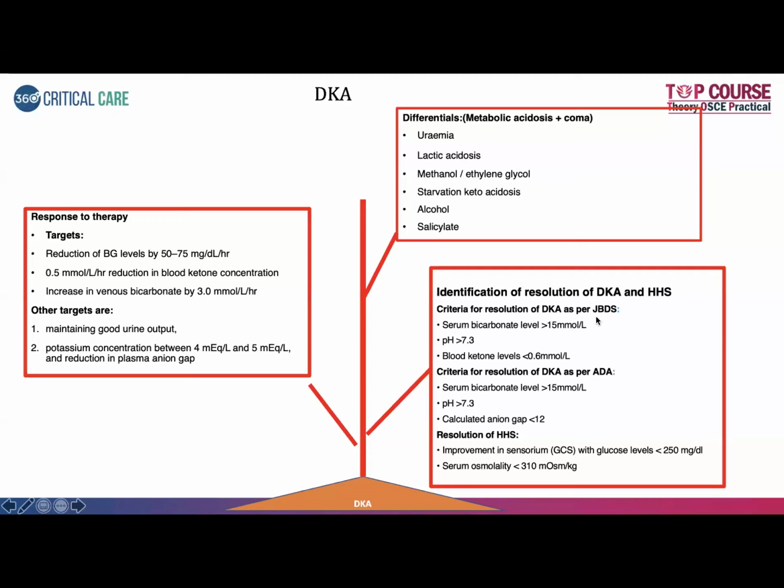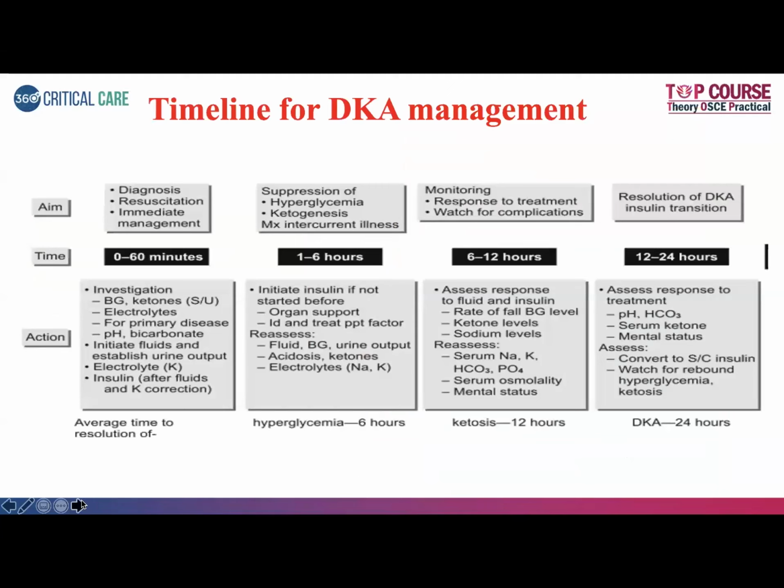The Americans use pH 7.3, bicarbonate more than 15, and anion gap less than 12. Here the British mention the ketones, whereas the Americans mention the anion gap. Resolution of HHS is mainly sensorium improvement: improvement in the GCS, blood glucose levels less than 250, and serum osmolality less than 310.